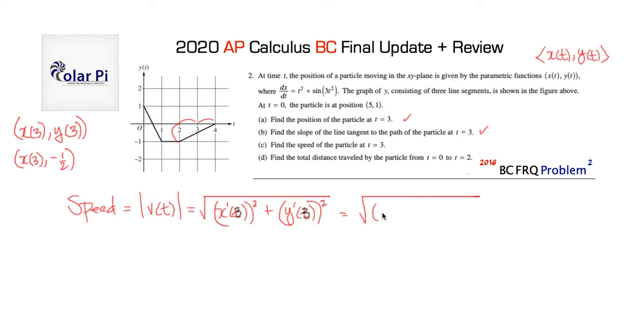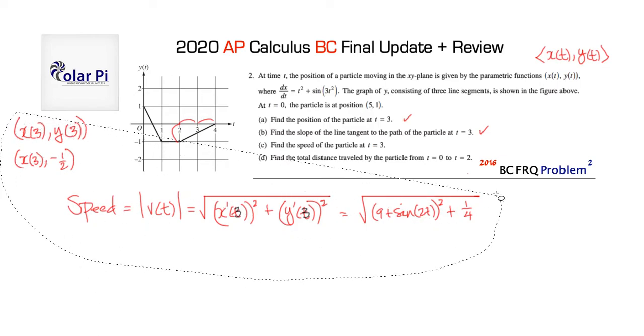So that's, again, 9 plus sine of 27, but we must square this. So we square this, plus y prime of 3, which we already calculated is the slope of this line, and that was 1/2, so 1/2 squared, that's a quarter. And so figure out what this is. This would be the speed of the particle at t equals 3.